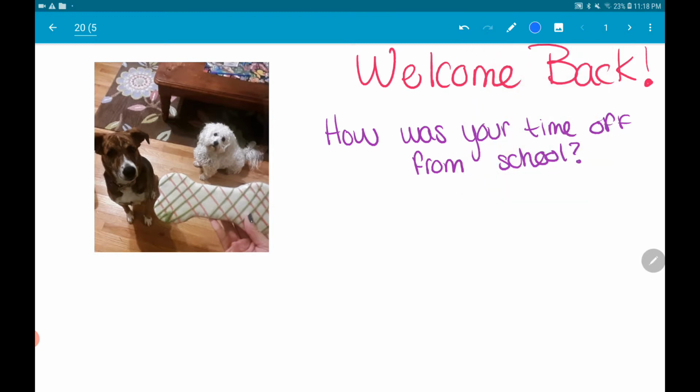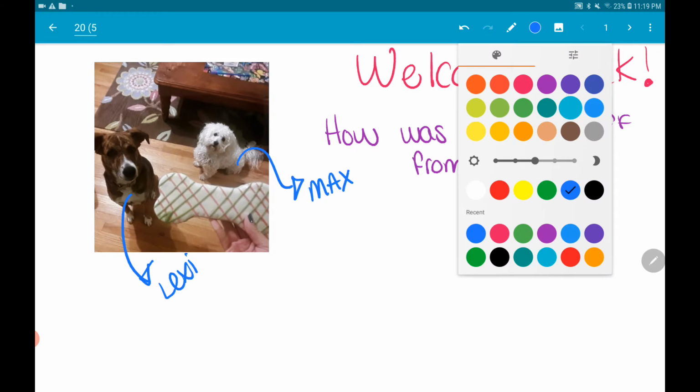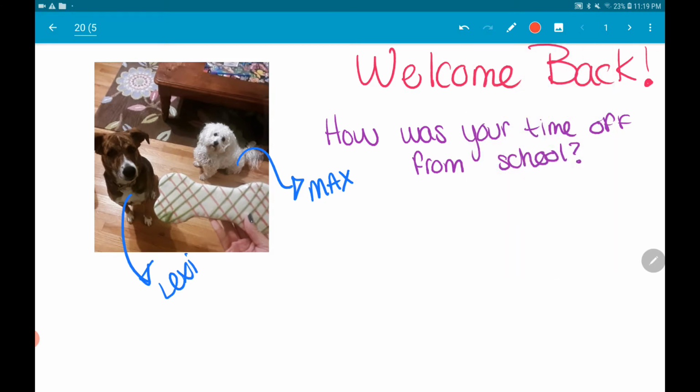So during this quarantine, I've been at my mom's, and as you guys know, this is Lexi, or in other words, Stinky Beans. And this guy here is Max. And now what I'm holding here is a very special birthday cake. So whose birthday was it?